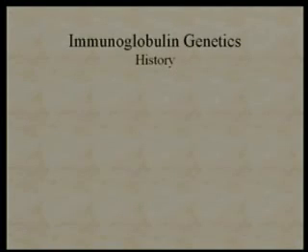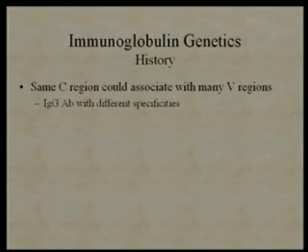Let me just give you a little historical perspective for the immunoglobulin genetic story. When all this sequencing was going on, where people were sequencing the heavy chains and the light chains, one thing became very clear from these studies.